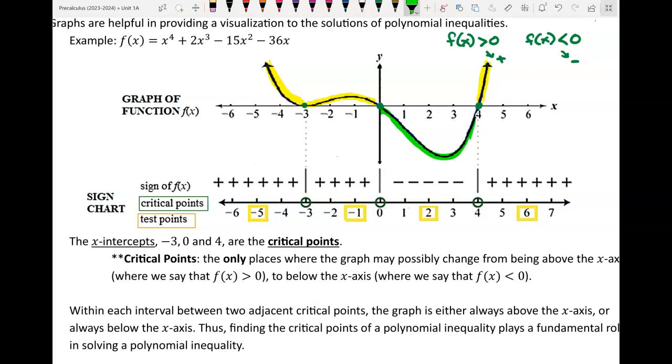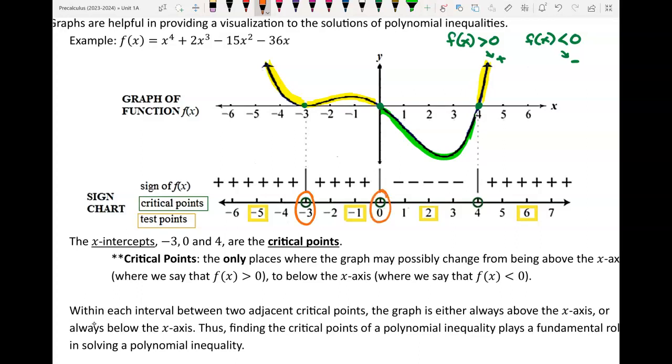So if we are not given the graph of the function or are not able to use a graphing calculator or anything like that, instead we want to identify the zeros of the function by factoring by whatever method that we can.